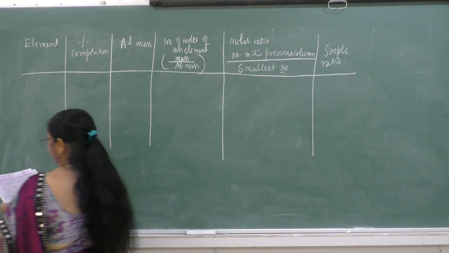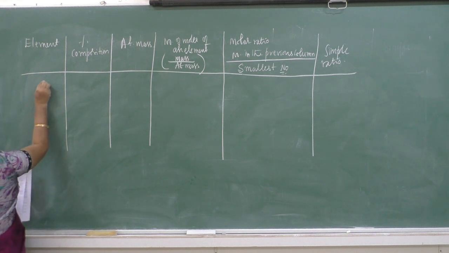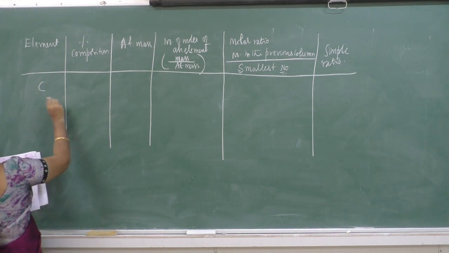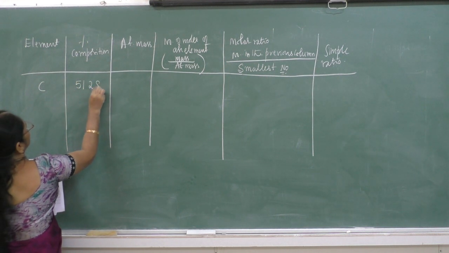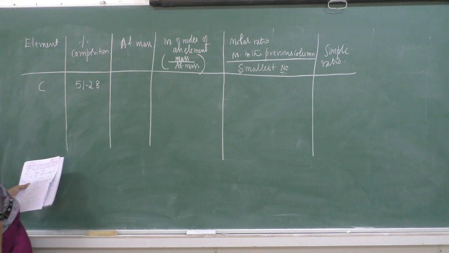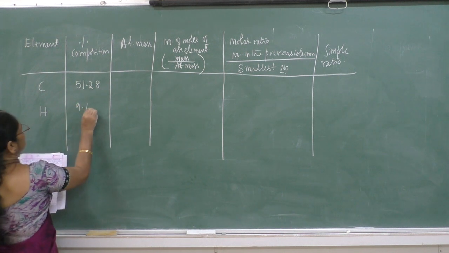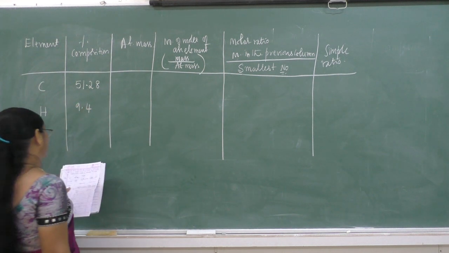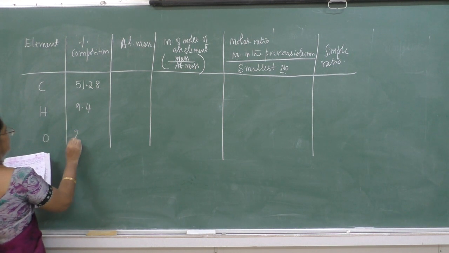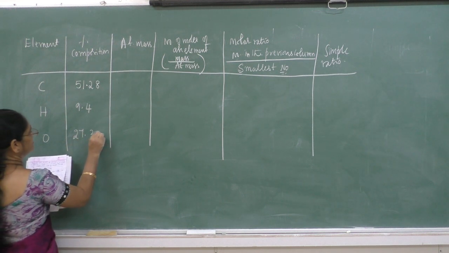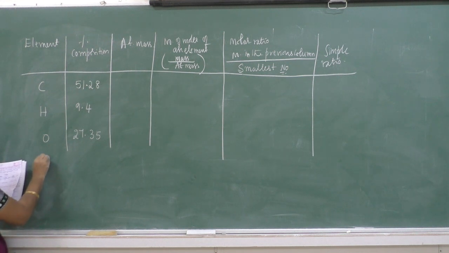The first element is carbon, with 51.28% as its percentage mass. The next element is hydrogen, 9.4%. Then the next element is oxygen, that is 27.35%. The next element is nitrogen.